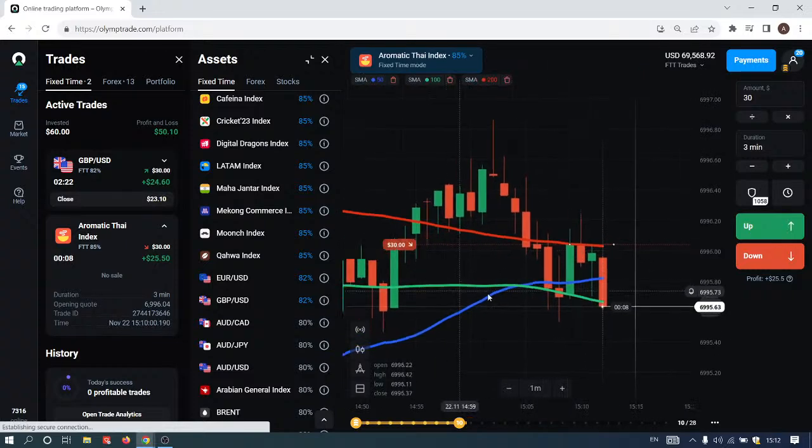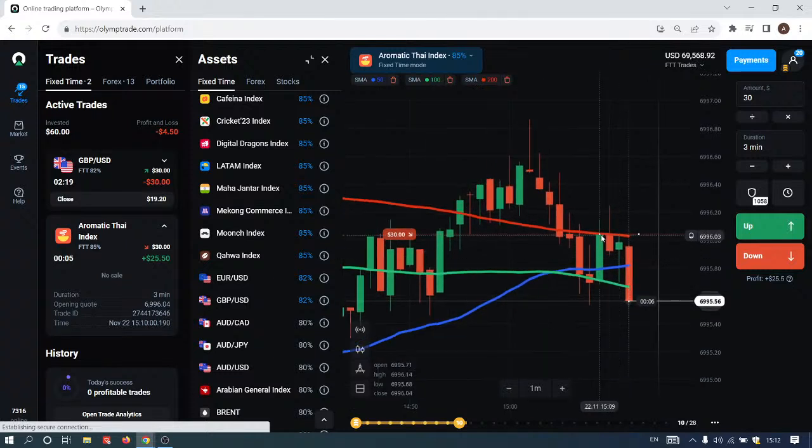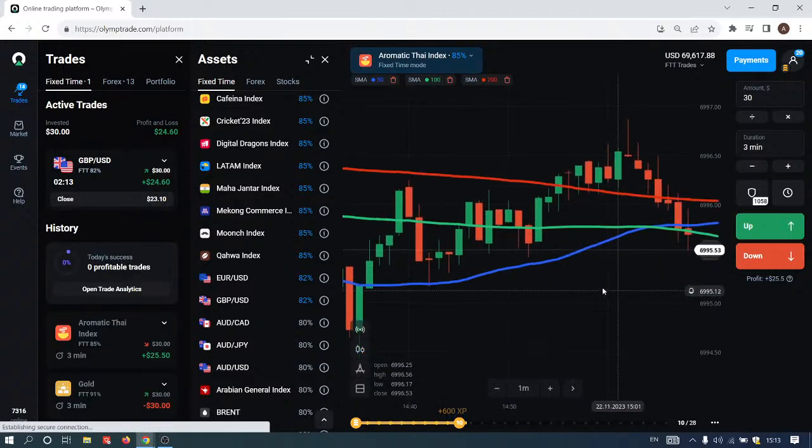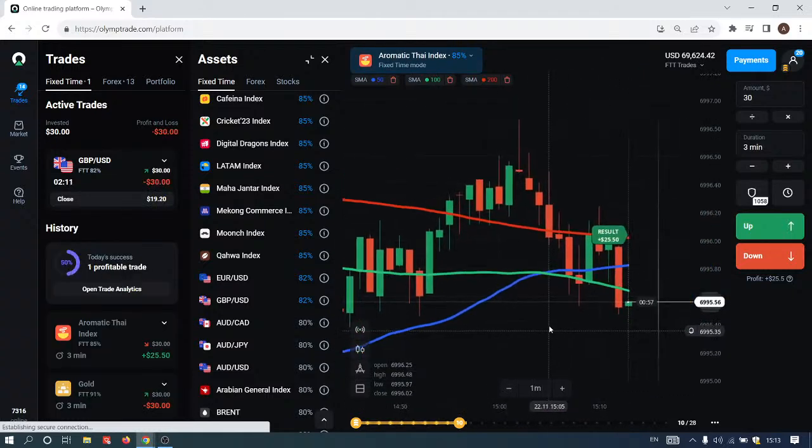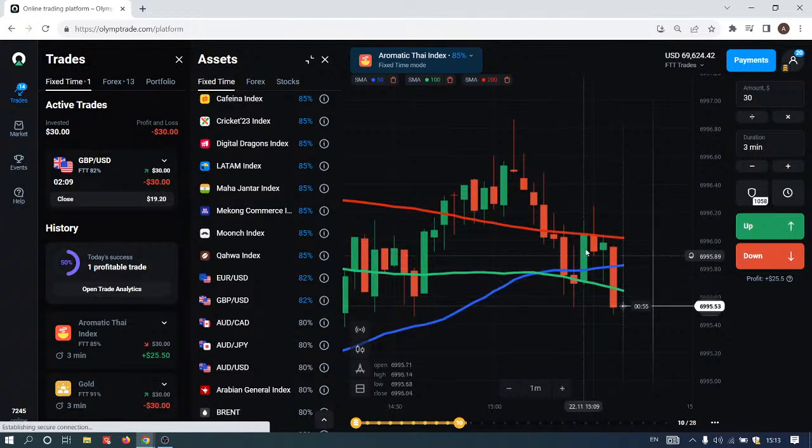And maybe something that you couldn't really figure out when I started talking about this index. The situation looked like this. We had this breakdown, again a rebound towards this 200 SMA, and then I opened a trade downwards from there.